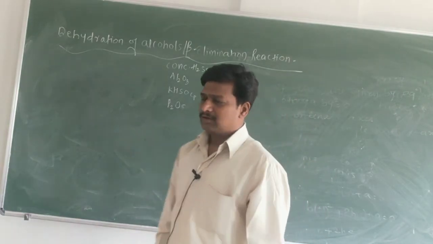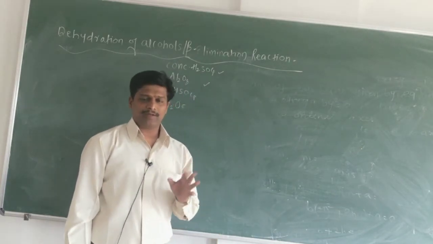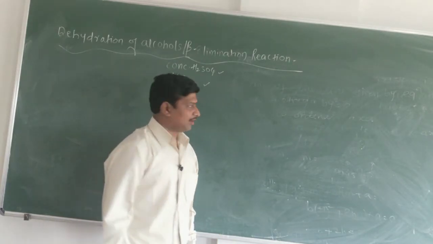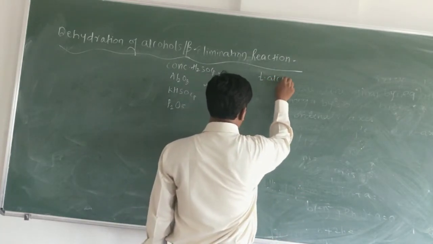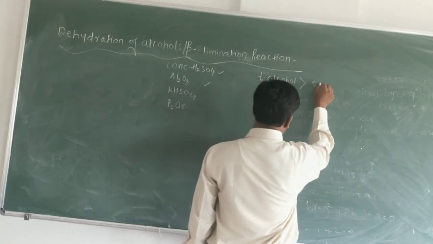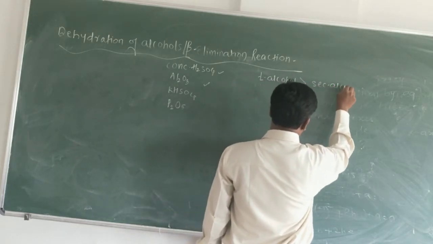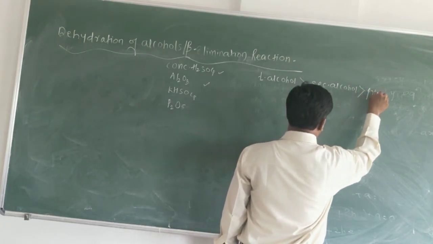Now first of all I would like to tell you about the order of reactivity of this reaction. In this reaction the tertiary alcohols have greater reactivity than the secondary alcohols, and secondary alcohols have greater reactivity than the primary alcohols.